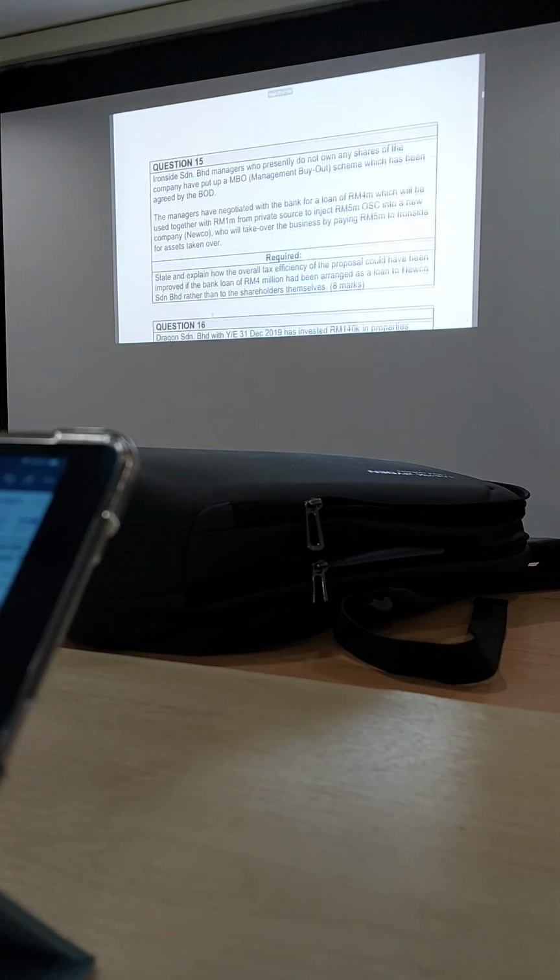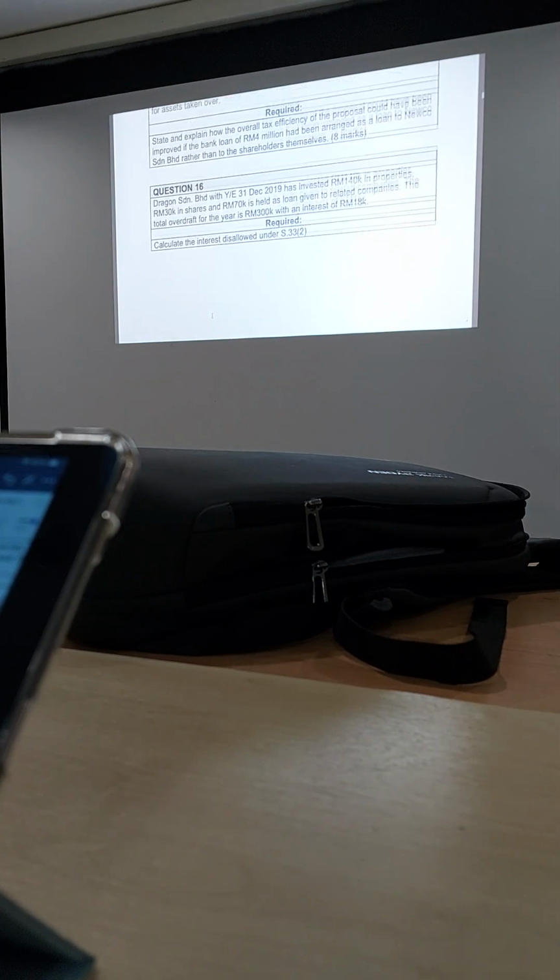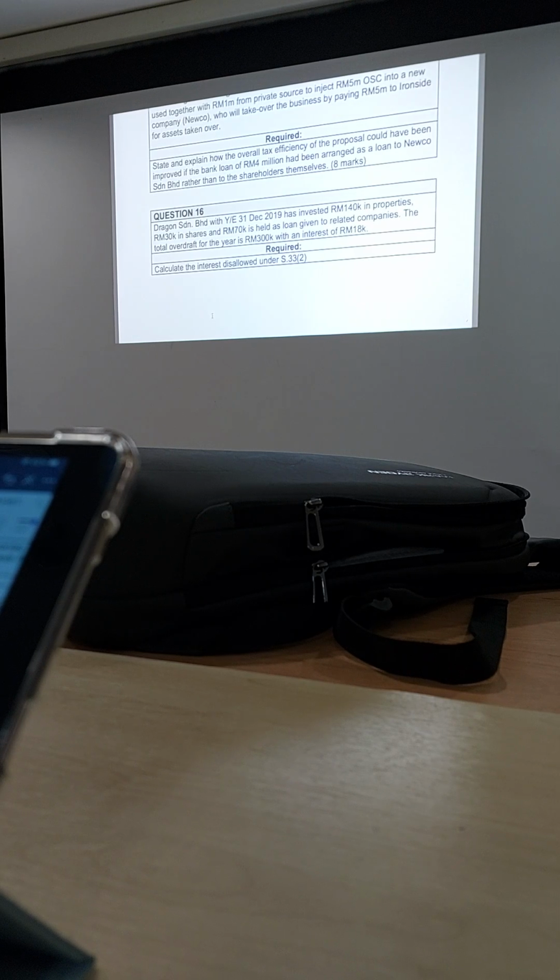Okay, let's look at this question called Dragon. You tell me how much is the interest that should be charged? How much is the deductibility of the interest? I'll take the interest disallowed. Tell me how much. $70K deductible? How much is disallowed? You just have to tell me the amount.